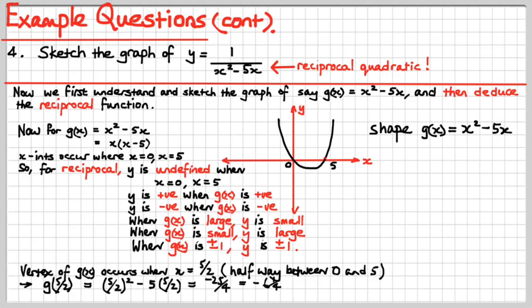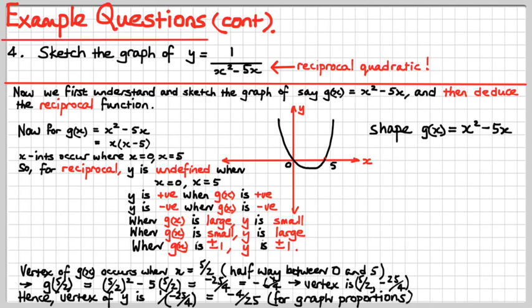Now, therefore, if the vertex of this black graph, the g of x graph, is minus 25 over 4, then the local max vertex of the reciprocal will be minus 4 over 25. Therefore, the vertex of the actual graph we're trying to draw here is going to be minus 4 over 25. I'm doing that for proportions, so that things look right on the graph.